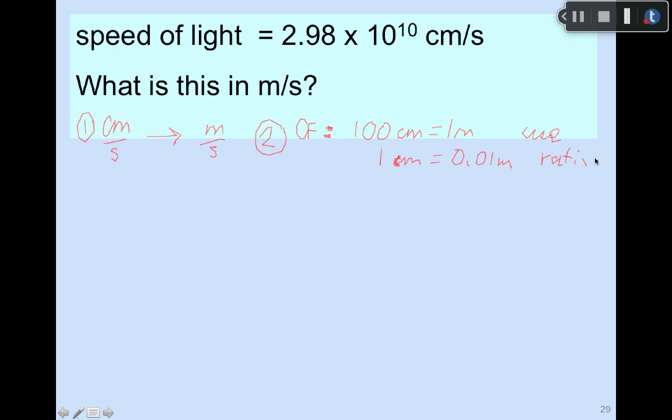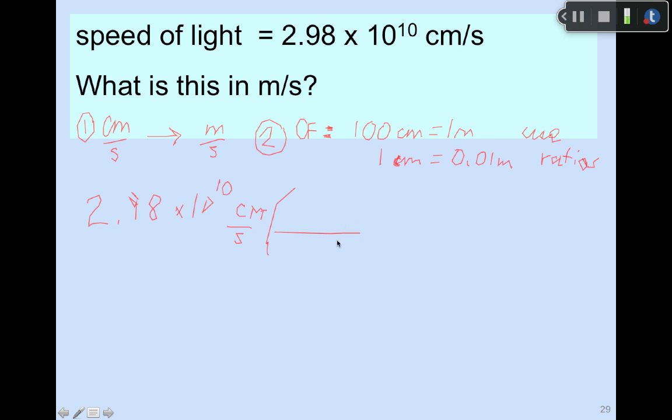All right, so let's get started with the value provided. So you always take the given value that you have, in this case 2.98 times 10 to the 10th, doesn't like to write very quickly, sorry, centimeters per second. Then we're going to set it up to have a conversion factor goal here so that we end up with not centimeters anymore but meters.